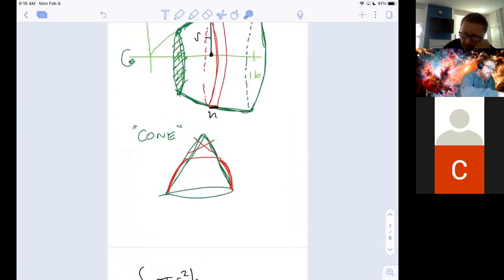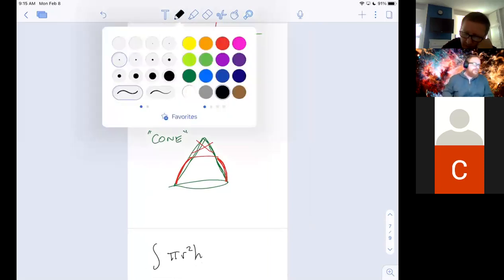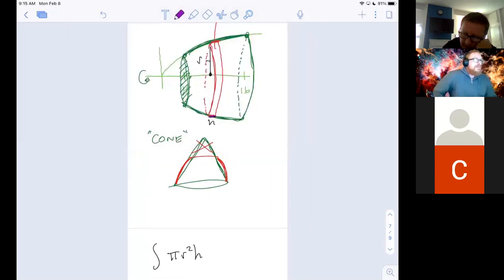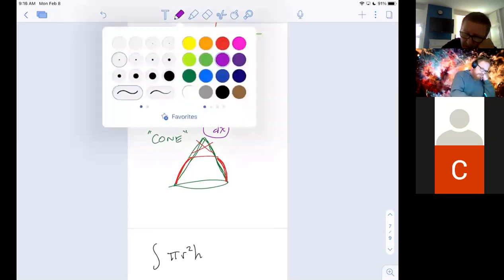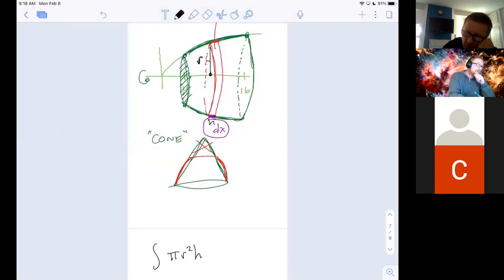So would it be better to take this with respect to the x or the y axis, in your opinion? In a sense, we don't know the answer to that yet. Let me show you how every problem develops, though. This little h right here, would you agree, because that's horizontal, is a little bit of x? That's what h is, a little bit of x. And like last time, this r value right here, which doesn't look like an r now that I look back at it, what's that r value?